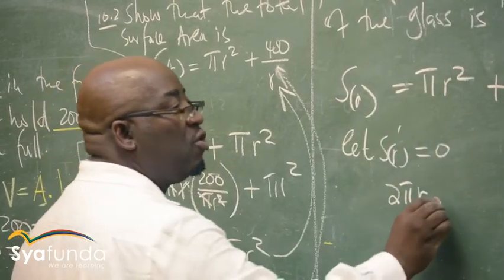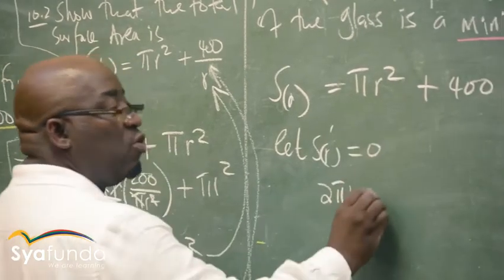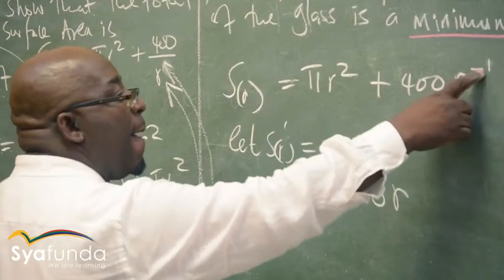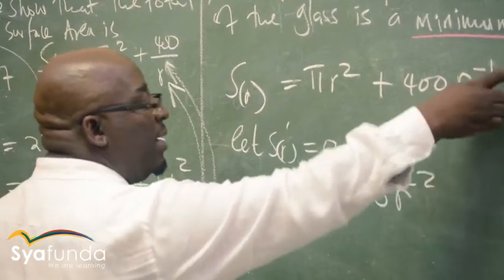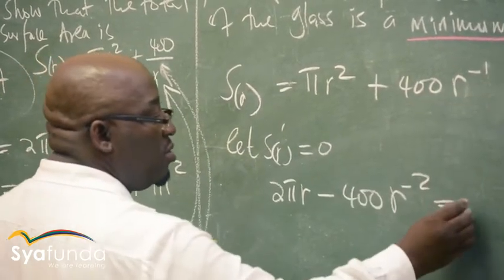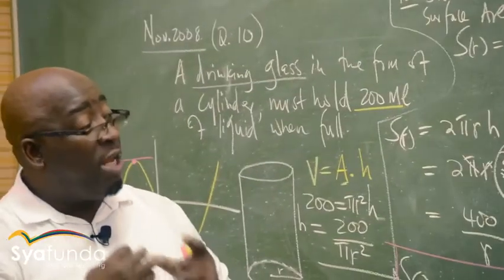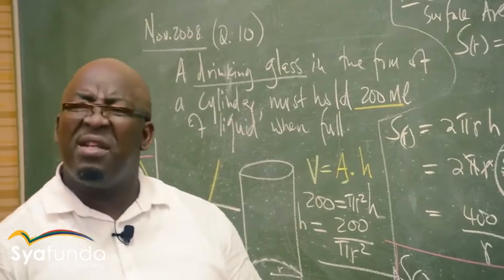Let's do the other one. It will be minus times plus, minus 400 r to the power minus 1, minus 1, it's minus 2. This is equal to 0, because the gradient at that particular point, at maximum or at minimum, is 0. There is no gradient at that particular point.